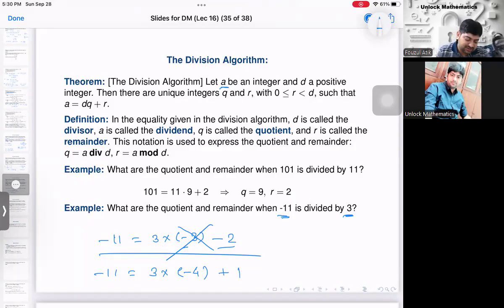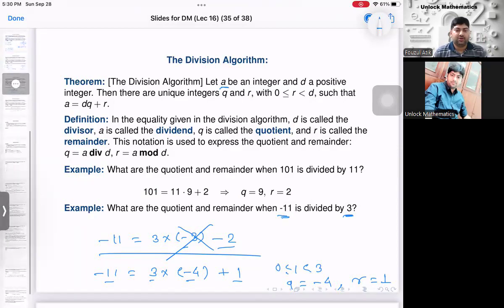Therefore, dividend is equal to divisor into quotient plus remainder, where the remainder satisfies greater than or equal to 0 and less than 3, right? Because 1 is greater than or equal to 0 and less than 3. So everything is satisfied. Therefore, the quotient is equal to minus 4 and the remainder is equal to 1. Problem is done. And why the remainder is positive, we will see that it has a lot of implications if you express it in this way. I hope this is clear.